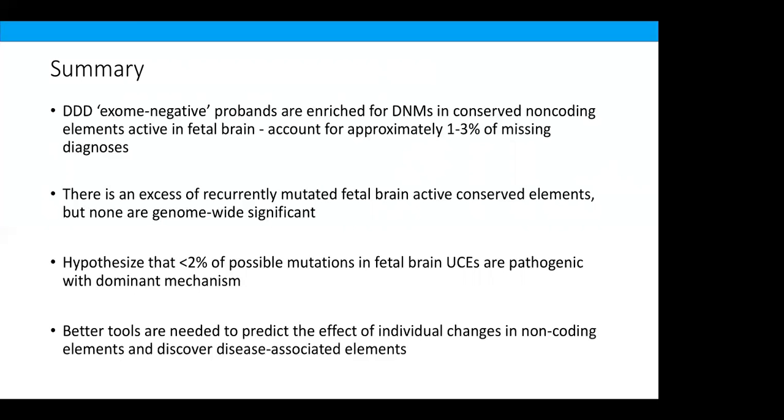And to further tease these out, we need better tools to predict the effect of individual changes in non-coding elements. I think that's probably very obvious to a lot of us who work with these kinds of tools, that they do a good job, but there's still much to be learned, whether from an experimental perspective using massively parallel reporter assays, or from a machine learning and bioinformatics perspective, figuring out how to take these elements and figure out what exactly are the critical regions.